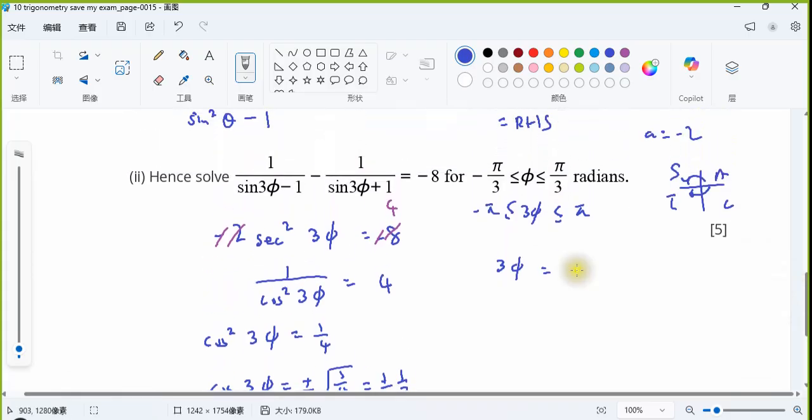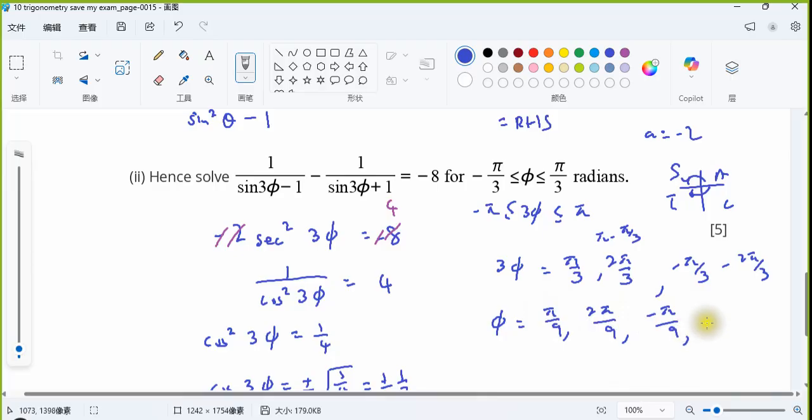So plus minus, we have pi over 3 and then 2 pi over 3, this one is pi minus pi over 3, and then negative pi over 3, negative 2 pi over 3. And so phi will be pi over 9, 2 pi over 9, negative pi over 9, negative 2 pi over 9.